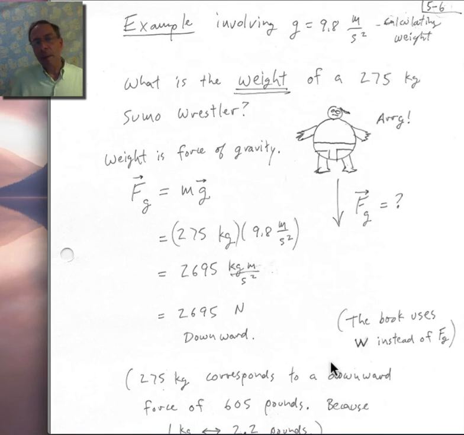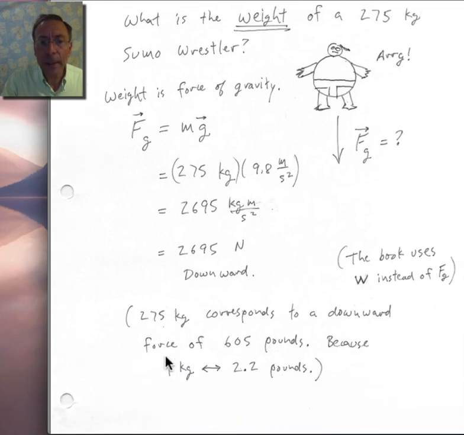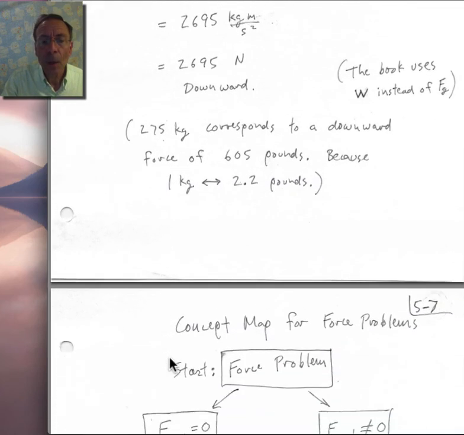The only thing about using the W, though, that I don't like is that later on, W gets used for other things. Like, for example, W stands for watts, a measure of power, and so on. So there are some issues with using W. I like F sub G better. Okay. All right.